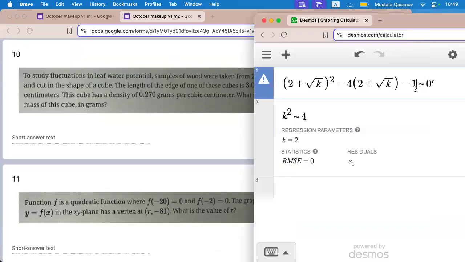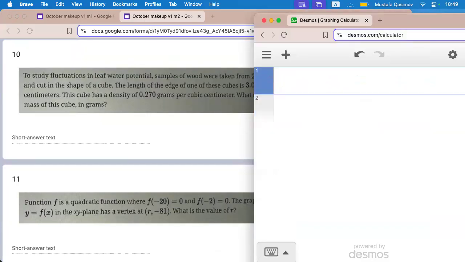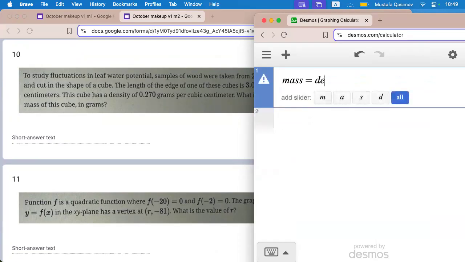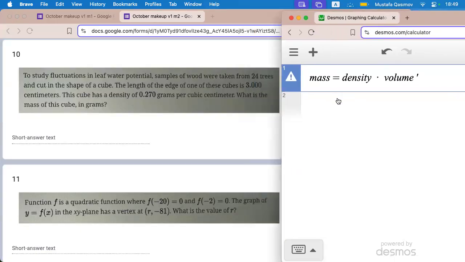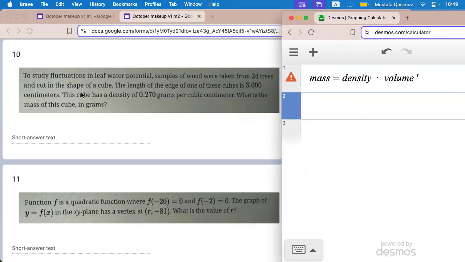10. We have this formula. Mass is equal to density multiplied by volume. Or we can also write density is equal to mass divided by volume. You can choose one of them. Then you need to look here. It says that cube has a density of 0.27.